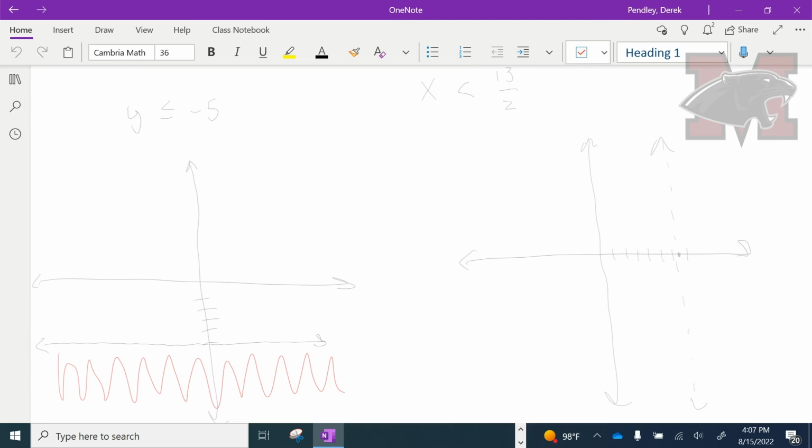And then I'm going to choose the origin (0, 0). Is 0 less than 6.5? The answer is yes. So then we shade that side. But remember, it's any point in that area where the x value is less than 13/2, but not including that vertical line.